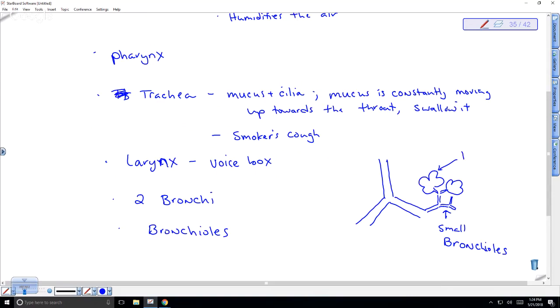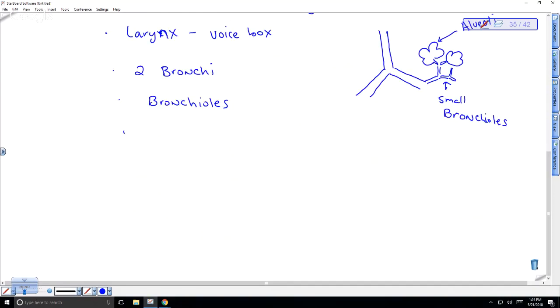These are called alveoli. And so this is where gas exchange takes place. All of the rest of our respiratory system is just conducting the air. The only place for gas exchange is in the alveoli, okay? So the alveoli is the only site of gas exchange.